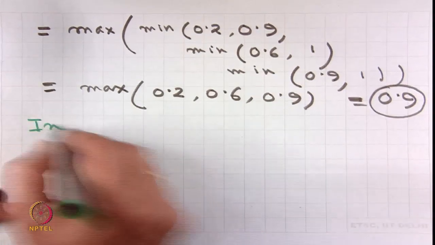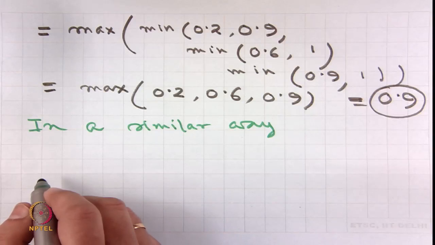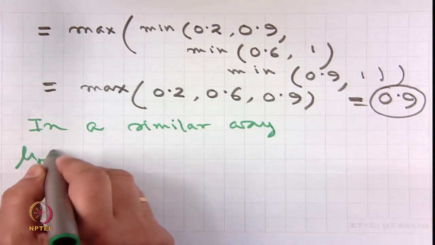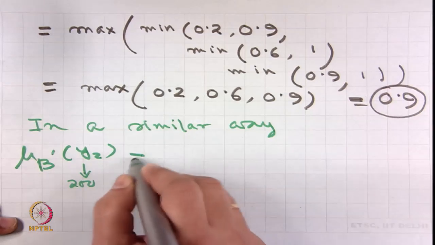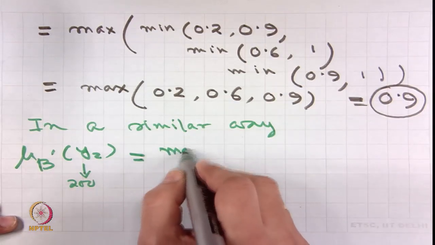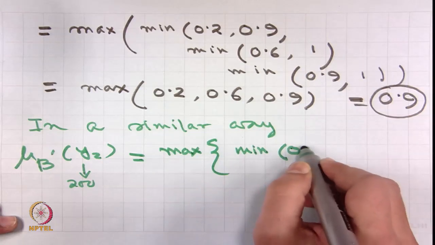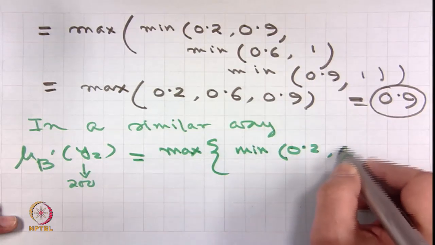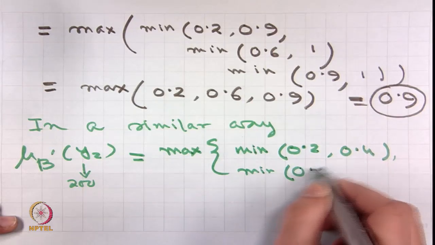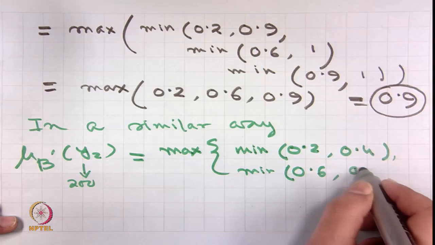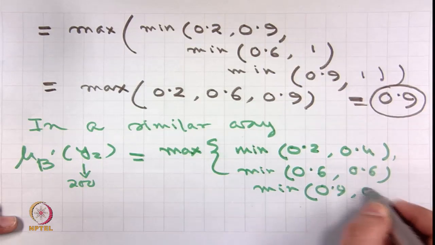In a similar way, mu B prime of y 2, which we know is equal to 200, is equal to maximum of minimum of 0.2 comma 0.4, minimum of 0.6 and 0.6 and minimum of 0.9 and 0.9.